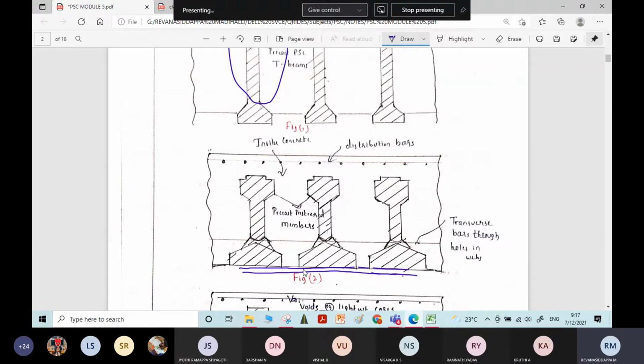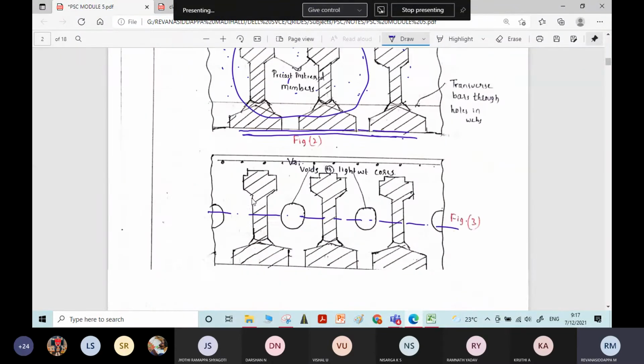After giving temporary support, the cast in situ concrete will be placed, and when the cast in situ concrete attains sufficient strength, this temporary support will be removed. After that, this whole section will act as a monolithic section. It will resist the load as a whole.